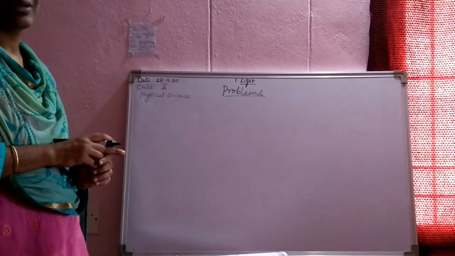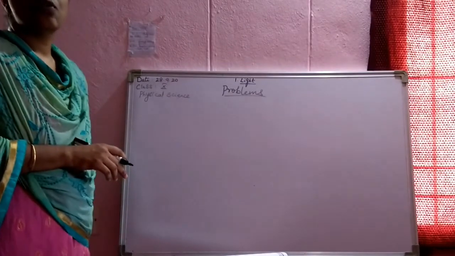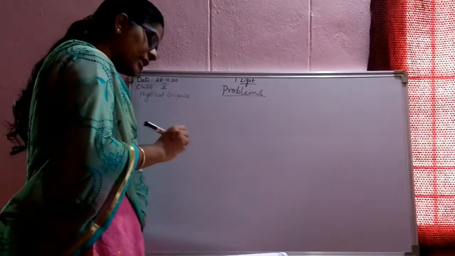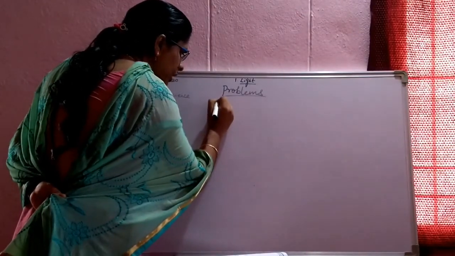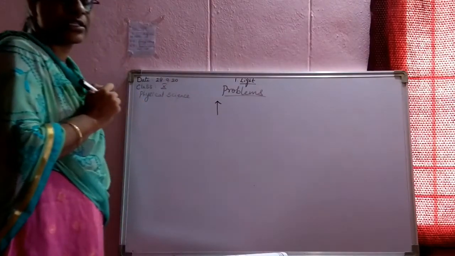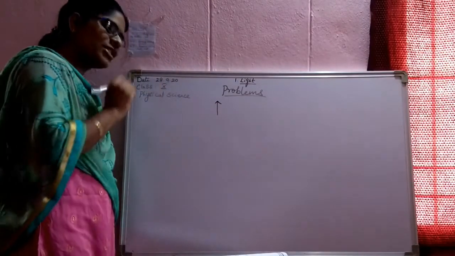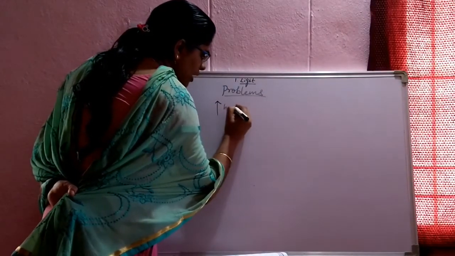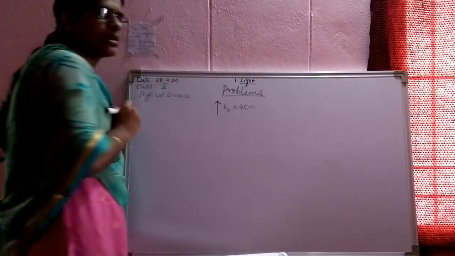What do you mean by that? An object of 4 centimeter in size. He is giving you the height of the object. ho is 4 centimeter. Okay.